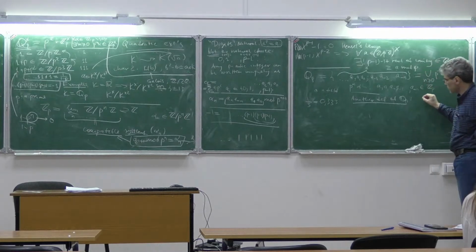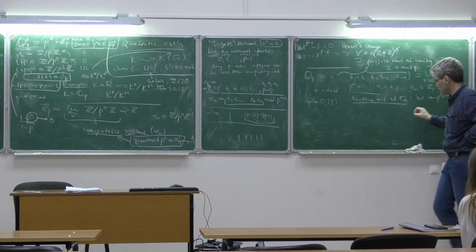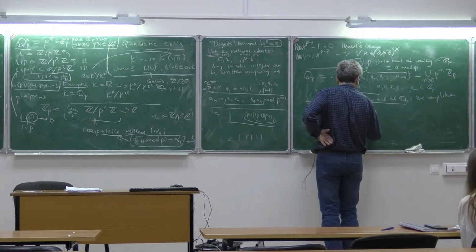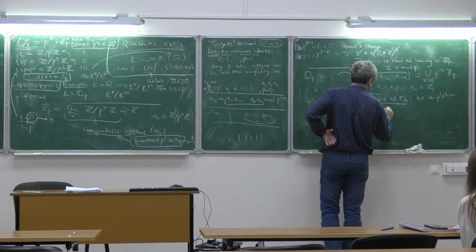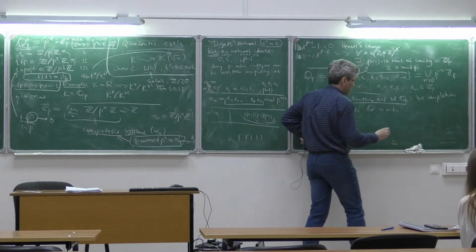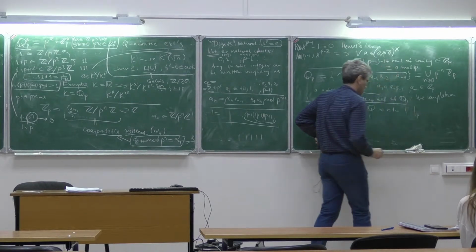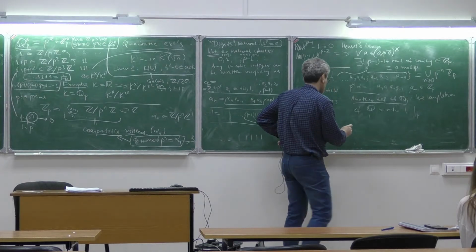And this is the completion of the rational numbers with respect to the following p-adic norm. It is defined as follows.